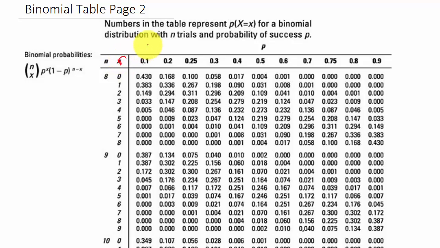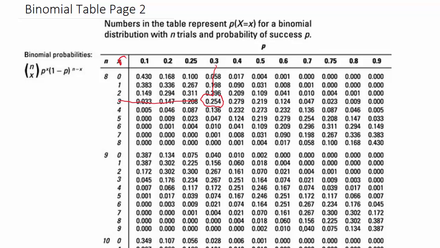To look this up, we go to where n is 8 and r is 3. And then p, this line up here, that's 0.3. You can see where 3 and 0.3 intersect. That's at 0.254.